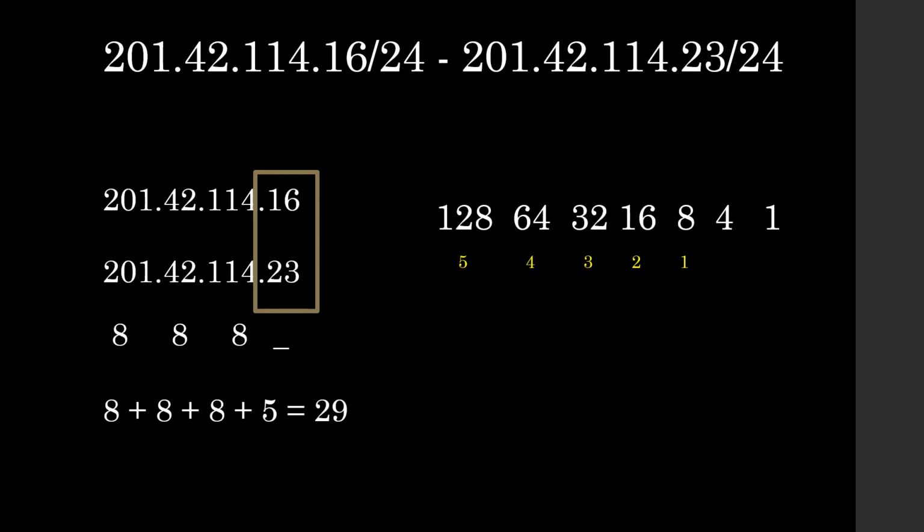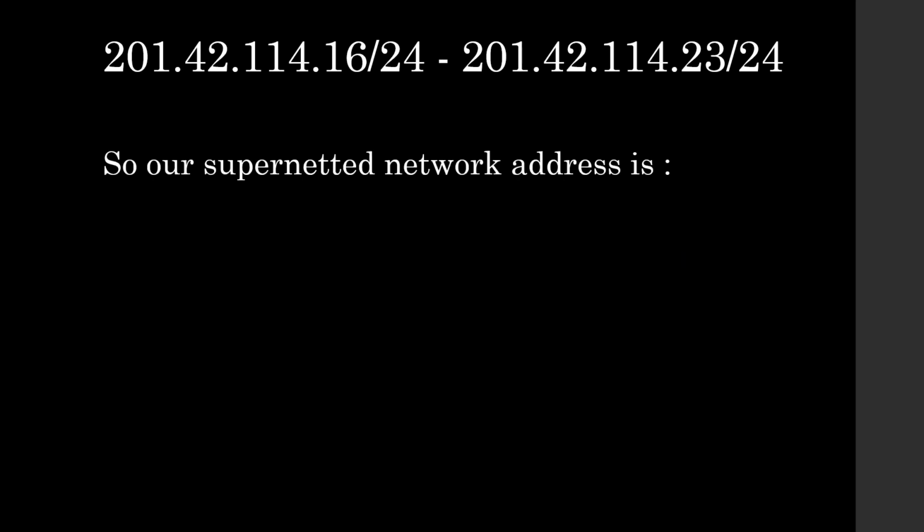So we have to add 5. So 8 plus 8 plus 8 plus 5 is equal to 29. So our supernetted network address is 201.42.14.16/29.